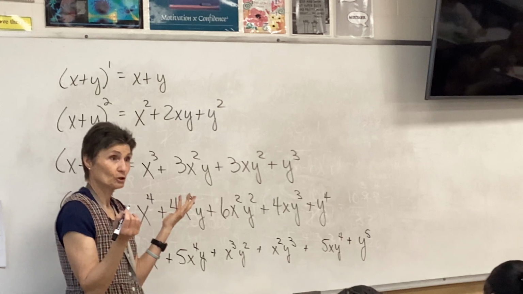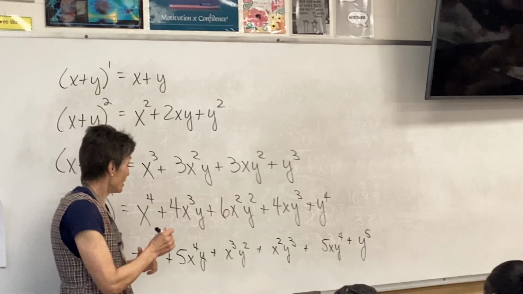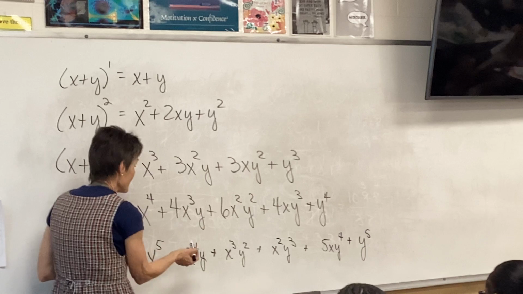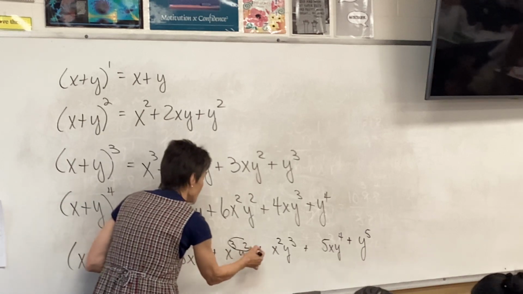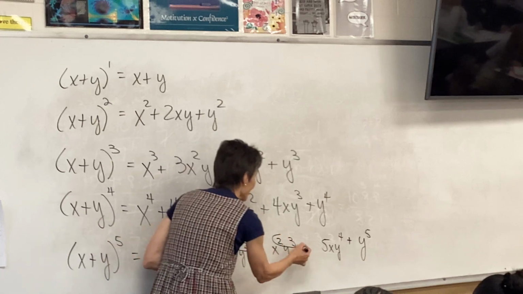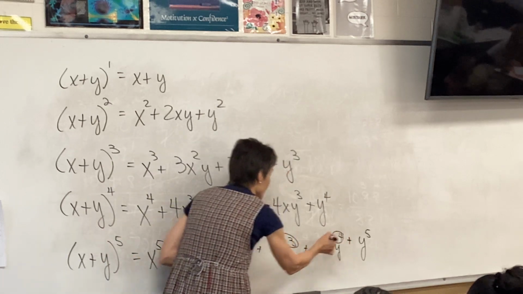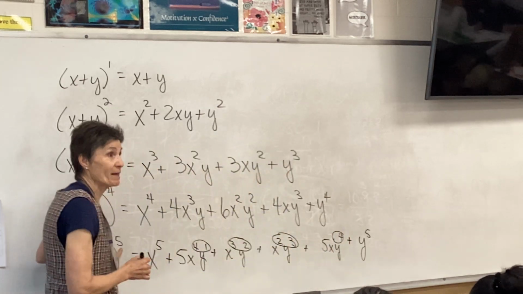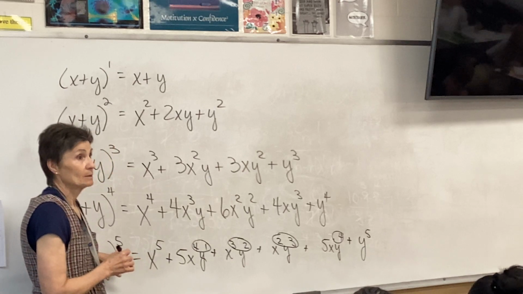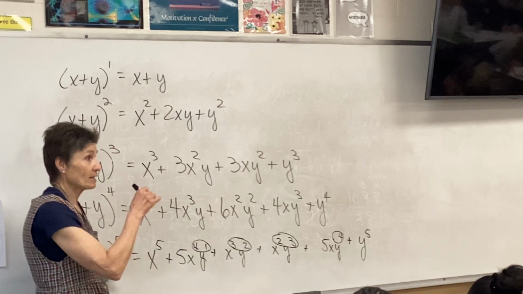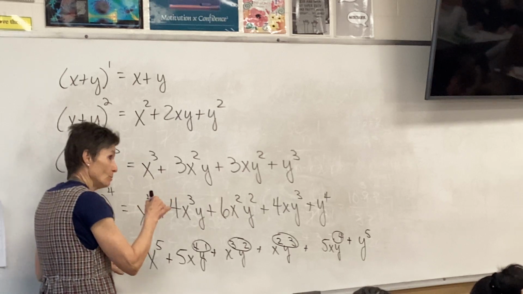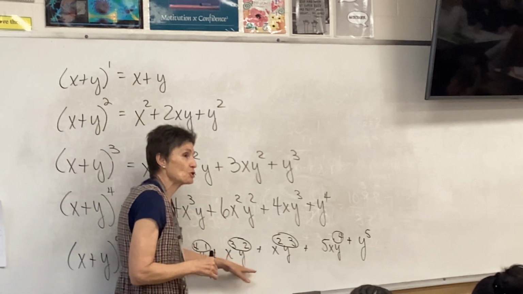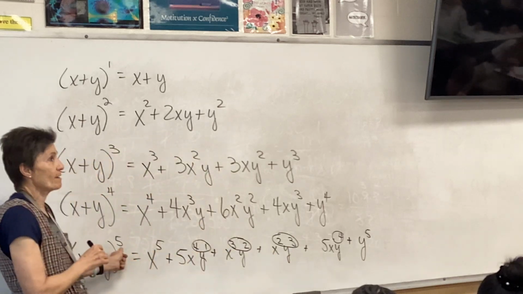Right? Looks good. Second observation. Notice that within each term, what do the powers add up to? They add up to whatever your expansion is. So your exponents will add up to, in other words, the degree of each term will be the degree of your expansion.